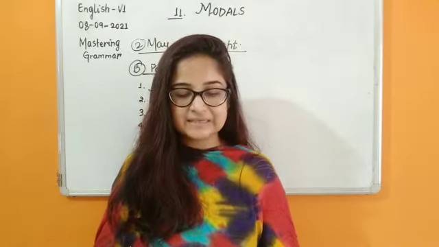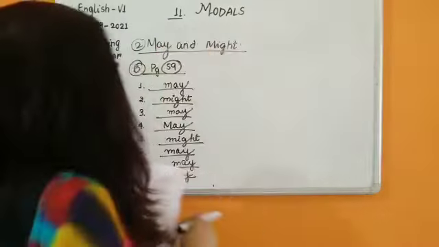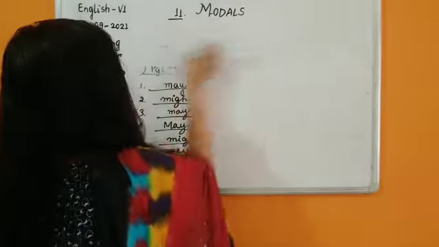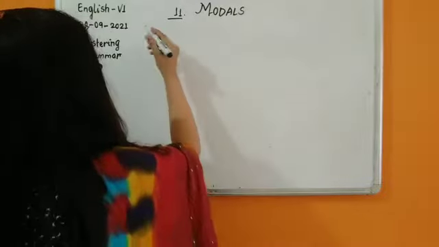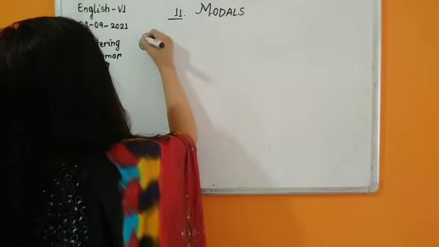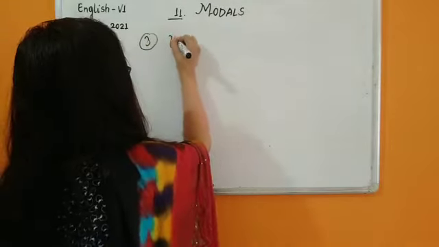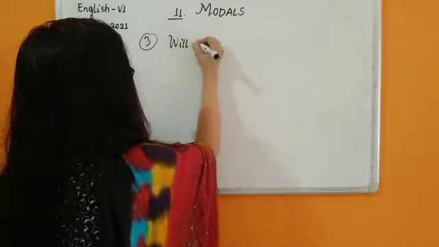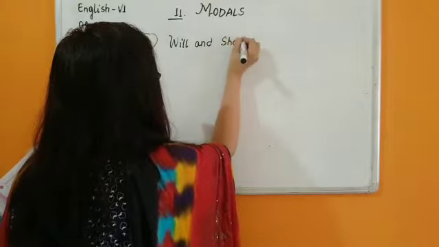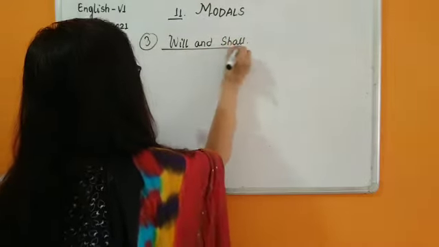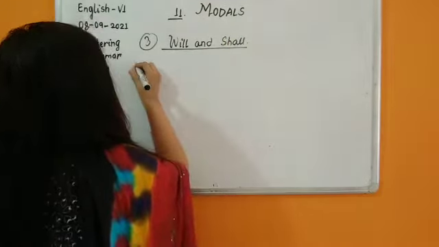Now we have C. Let's do it. Three. Obviously this is will and shall. So number 1.